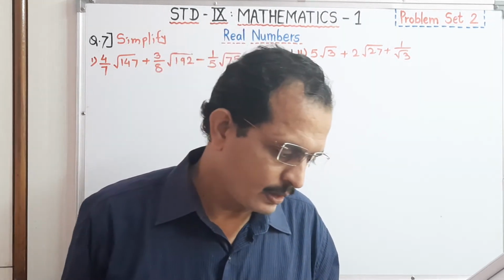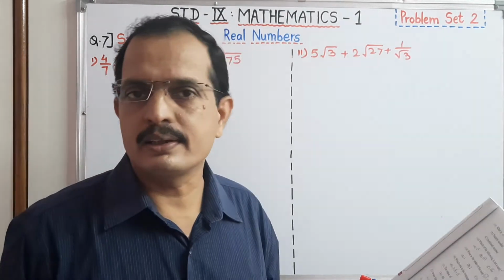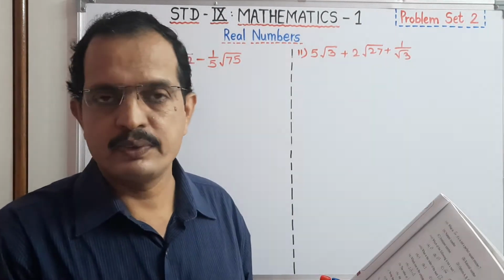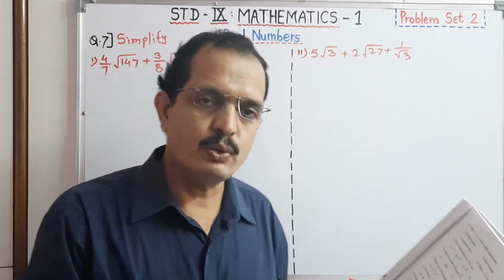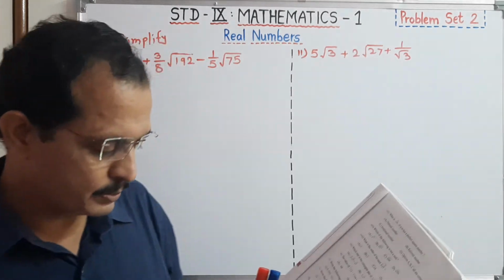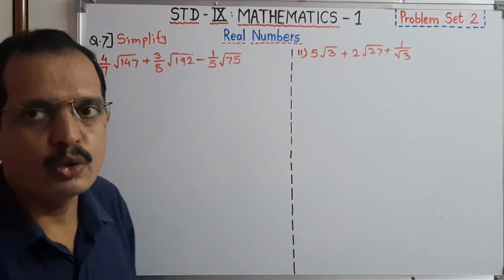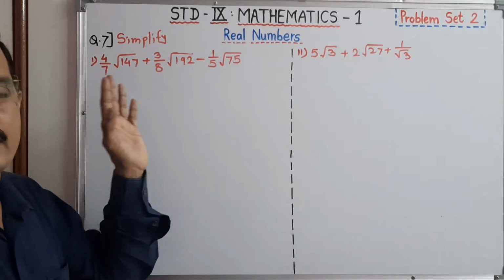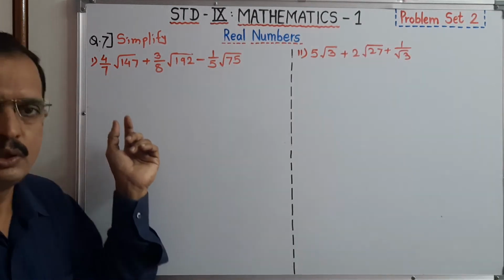Simplify. In that question there are a total of 5 sub-questions, but the 4th and 5th are reduced for this year. Therefore we have to see only the first 3 sums. We have to simplify this. In simplification we must do the factors.